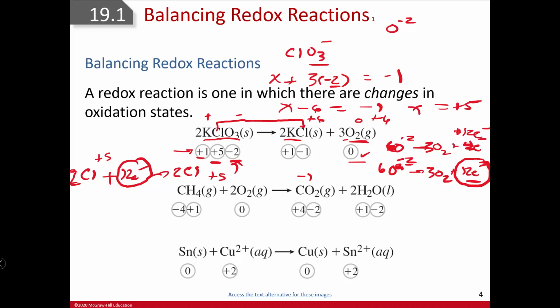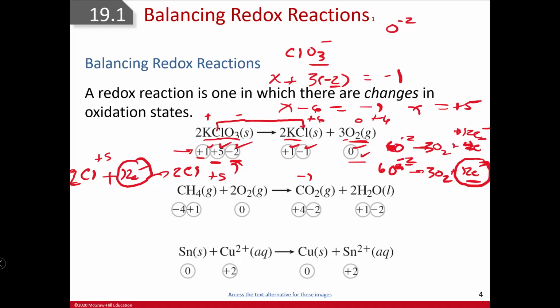So again, what happens here, these numbers are assigned by the rules in table 4.5.